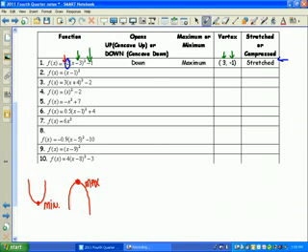So for number 2, we have x minus 1 squared. So we don't have a number other than 1 in front of that parenthesis. So it's positive. So right now it's opening upward. So if it's opening upward, that means I have a minimum or a min. Now let's look at the vertex.